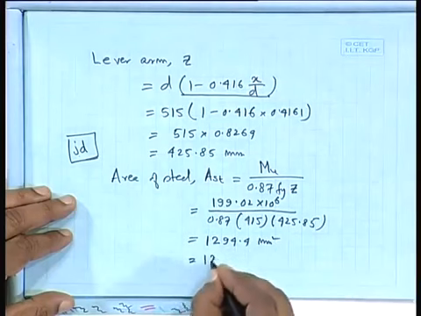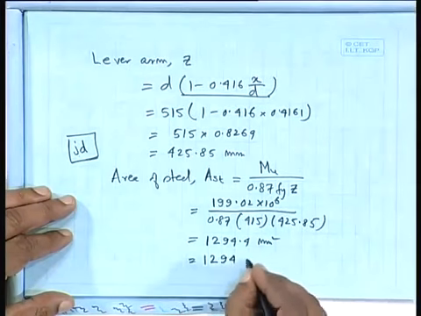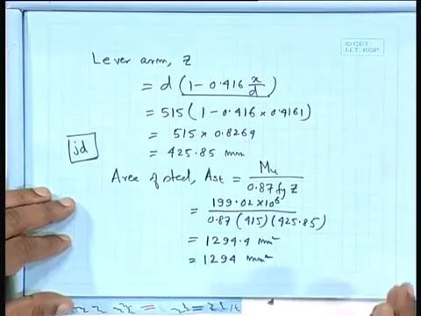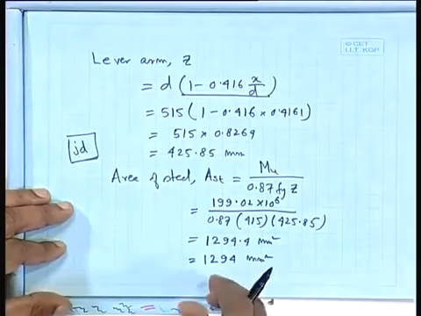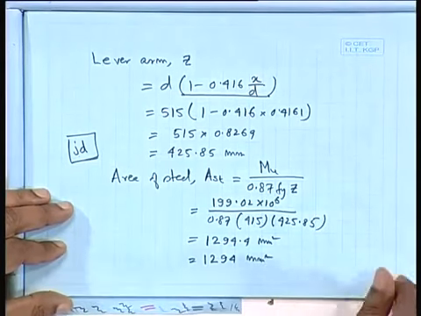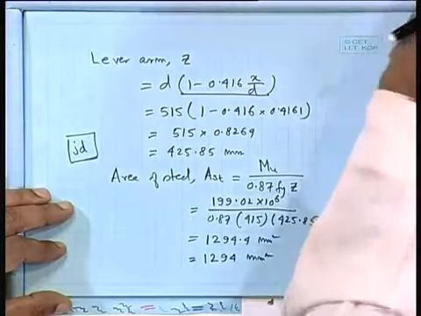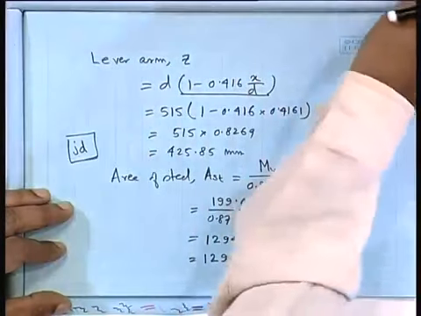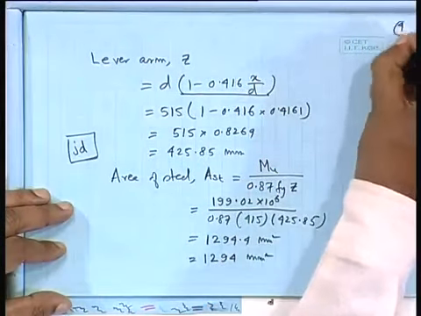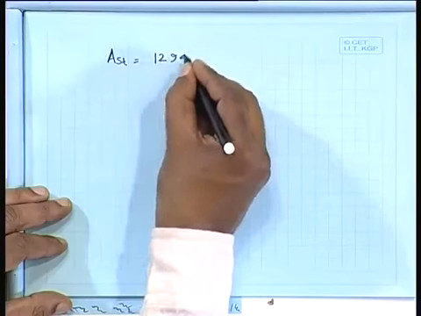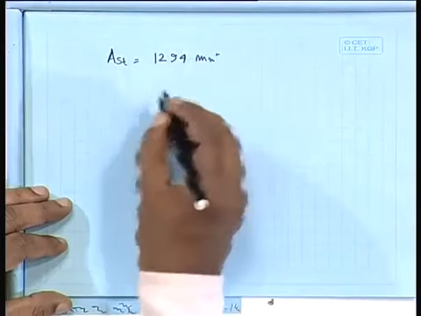Let us say simply 1294 square millimeter. So this is your area of steel that you have to provide.